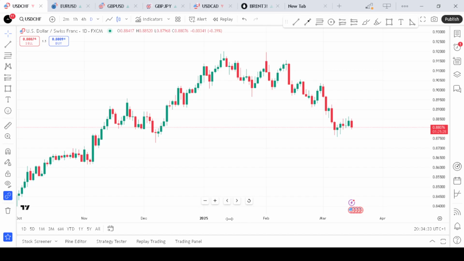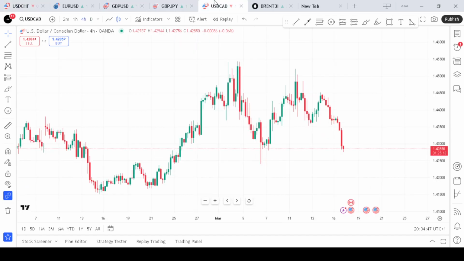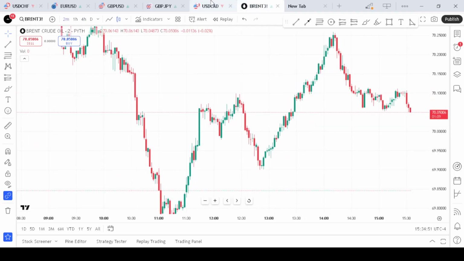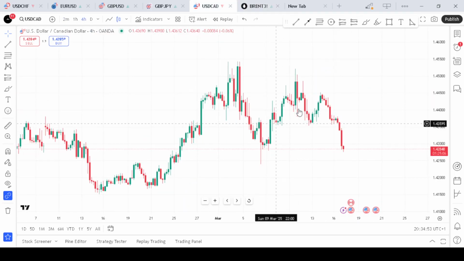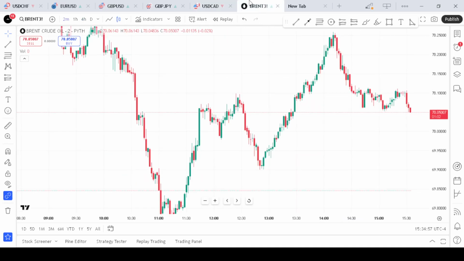For instance, diverging central bank policy or changes in commodity prices can alter how pairs correlate or interact with each other. For example, the USD/CAD often has a negative correlation with oil prices, meaning when oil is coming down, the USD/CAD should be going up.